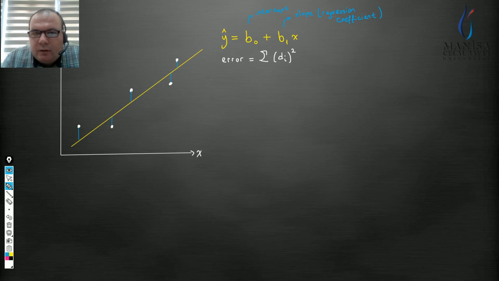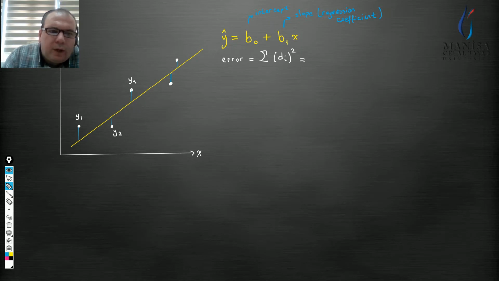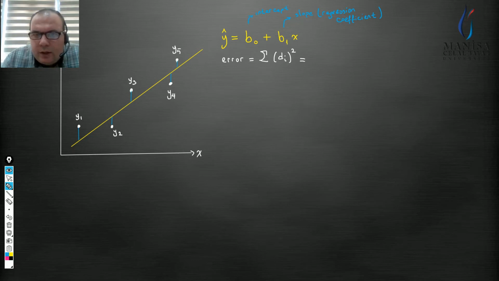And let me write the residuals. This is the point y1, this is y2, y3, y4, and y5. So this sum is y1 minus y hat, my line equation for the point x1, and the second power, squared.